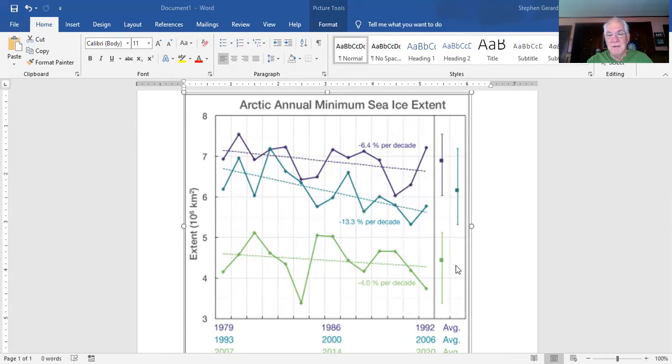Now, is that a legitimate way of doing it? I don't know. I've just never seen it done quite this way before. But they did it this way as a way of saying, we think the trends and the changes are different over time.